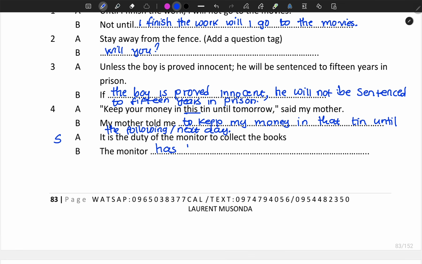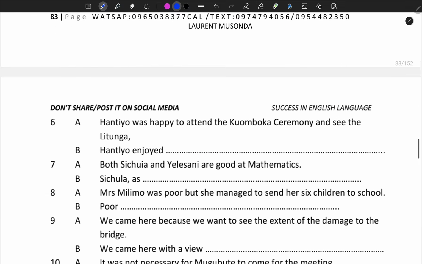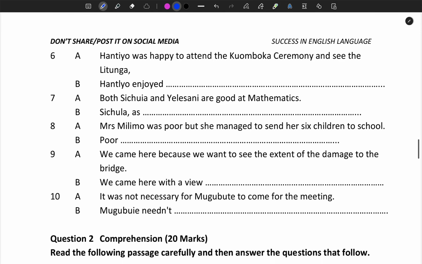The monitor has the duty of collecting books. I don't even know why I thought of writing that. We'll move on to question number 6.